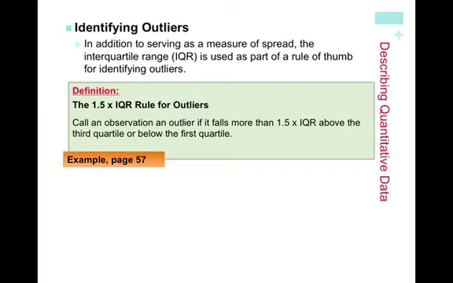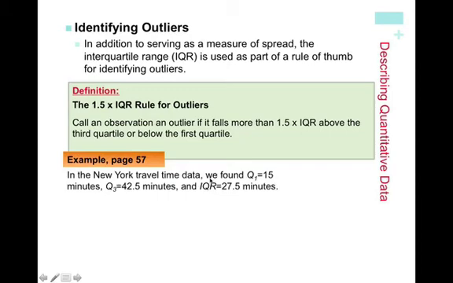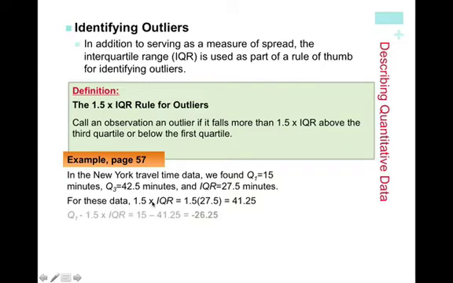I just talked about this in the other video, but when you're talking about outliers, there's the 1.5 times the IQR rule. This was the IQR for that data. We multiply it times 1.5, and then you take that number and subtract it from Q1 and add it to Q3.